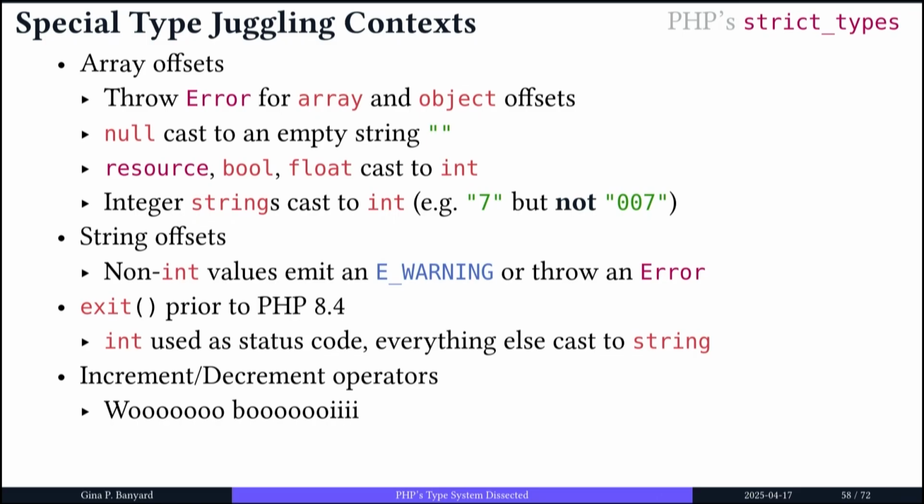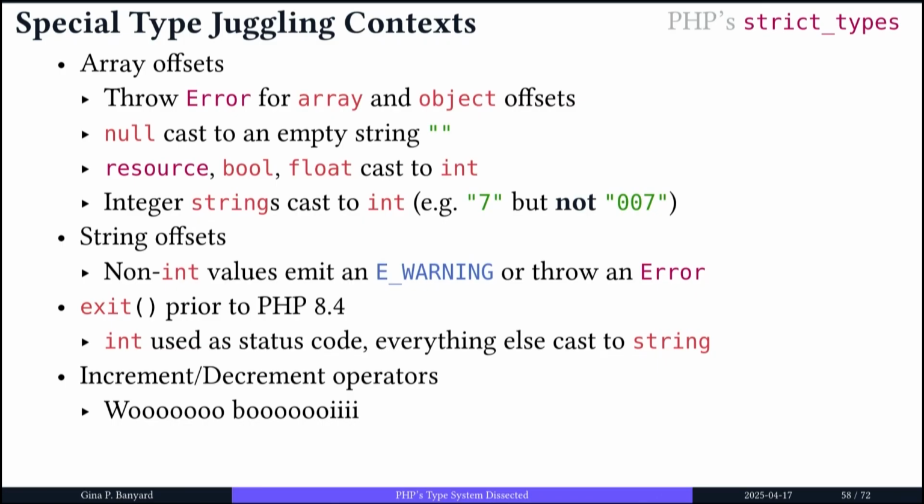So here are the last special type juggling things. Array offsets: if you try to use an array or an object as an offset, you get an error. Null is cast to an empty string. Resources, bools and floats are cast to integers. Integer strings, which are strings that only contain an integer with no leading stuff, so they're not what we call numeric in other contexts, will be cast to an integer.